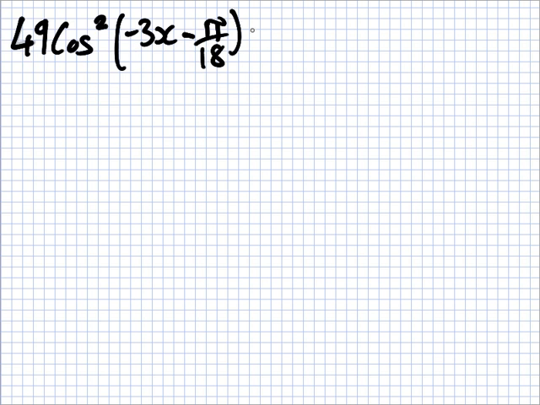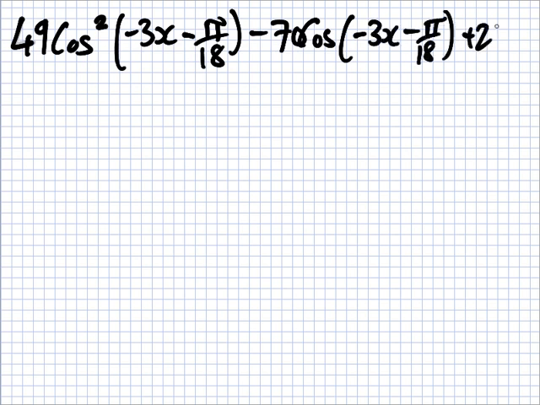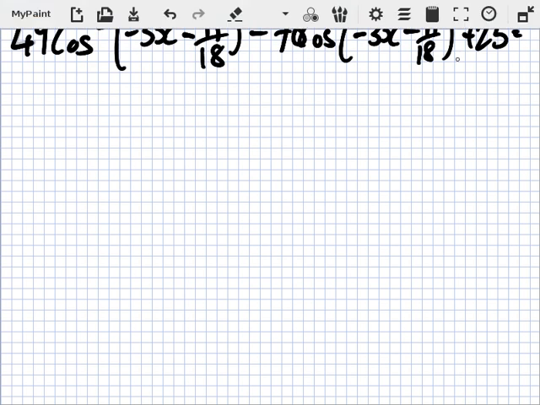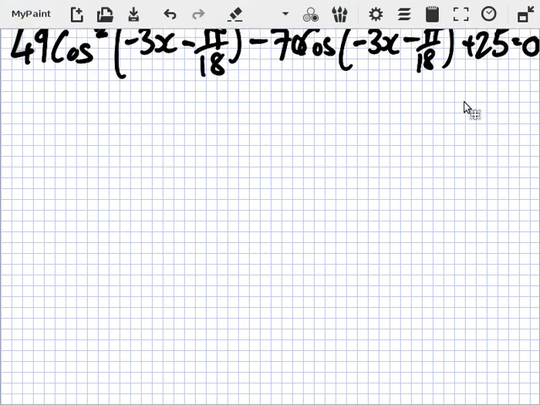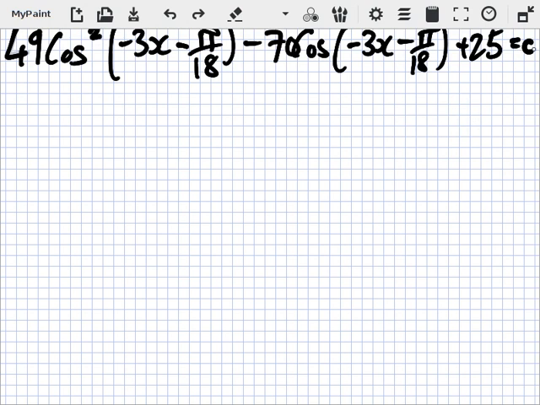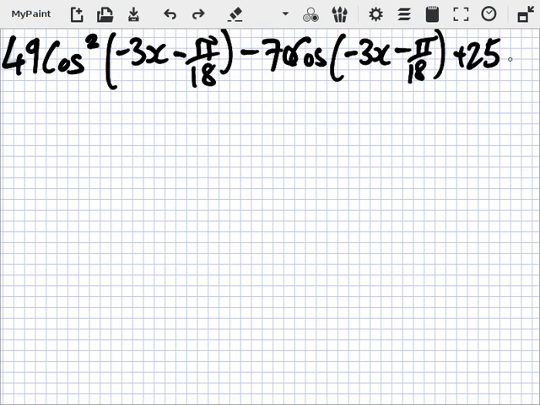So we have 49 cos squared of minus 3x minus pi over 18, minus 70 cos of minus 3x minus pi over 18, plus 25 equals 0. Yeah, it can be. I hope so, because I made these. Equals 0. Okay. Right.